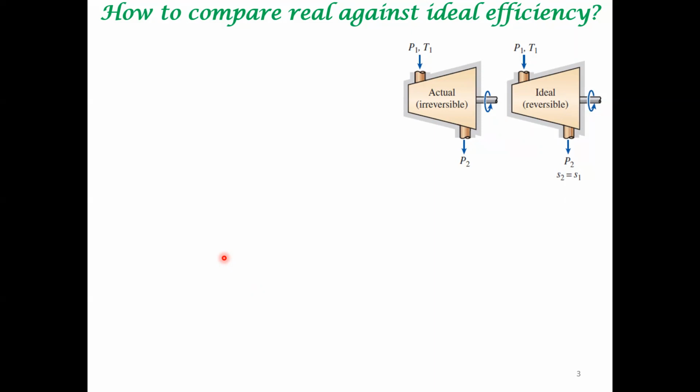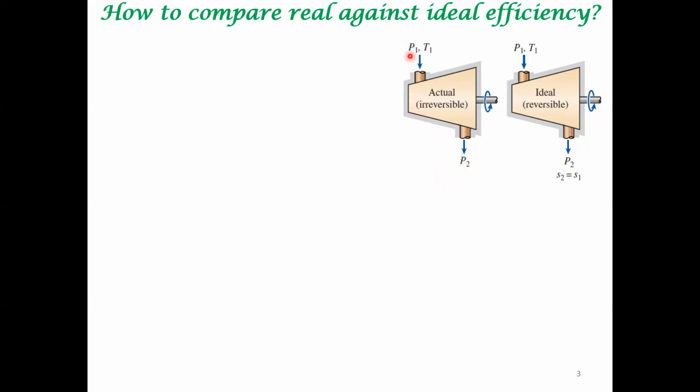Our objective is, supposing a steady flow device goes from P1, T1 to P2, and in this case we are looking at a turbine, that is a work generating device. We want to ask the question, what is the maximum efficiency that is possible such that we keep the initial and some parts of the final state the same.